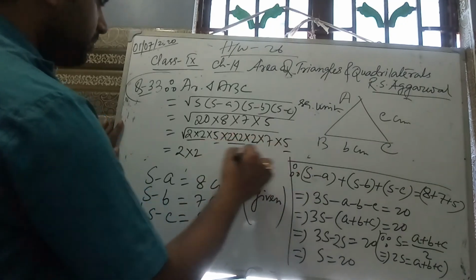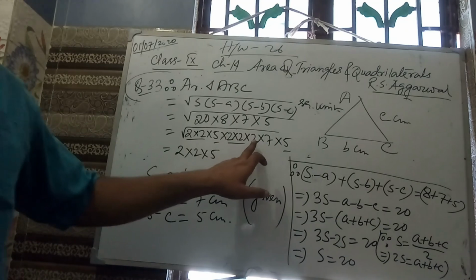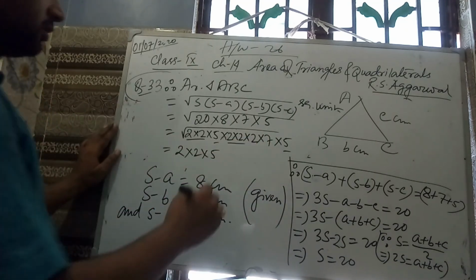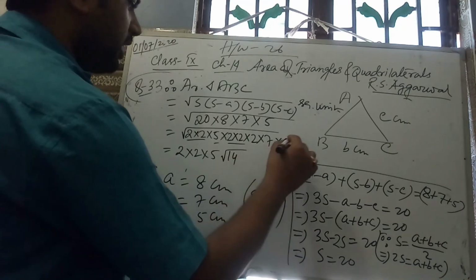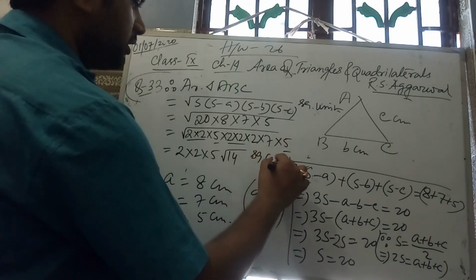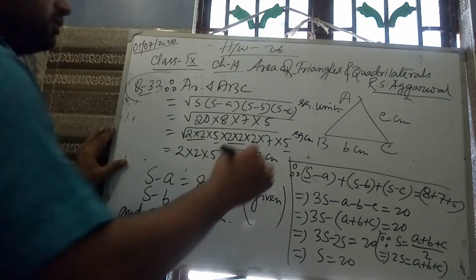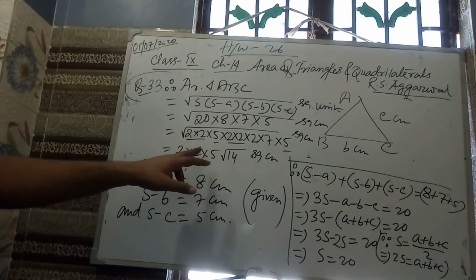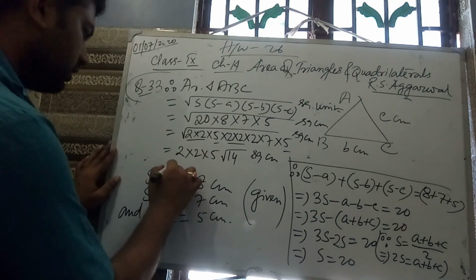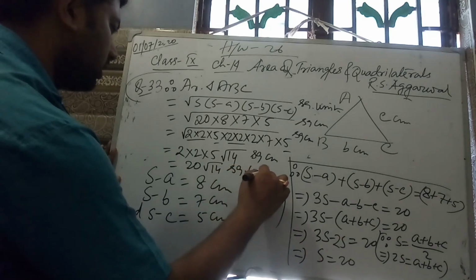For this 5 and this 5, 1 will be outside the square root sign. So we are left with 2 and 7. So root over 2 into 7, that is 14. This much square centimeter. Here also write down square centimeter. 5 into 2, 10, 10 into 2, 20. So it is 20 root over 14 square centimeter.